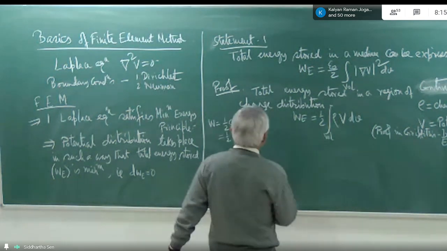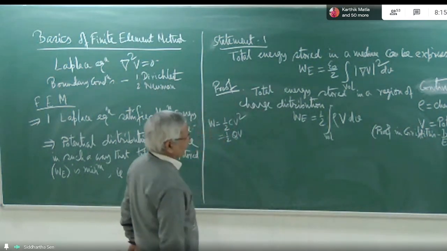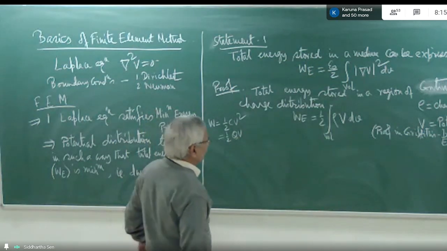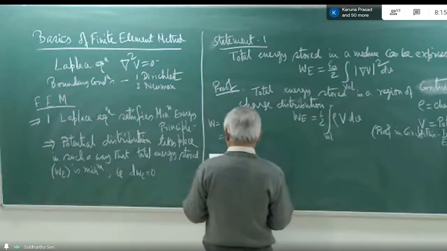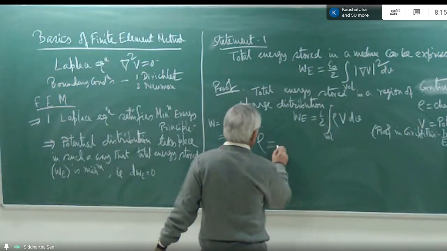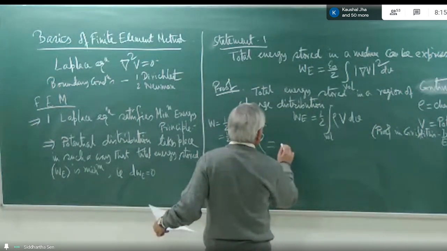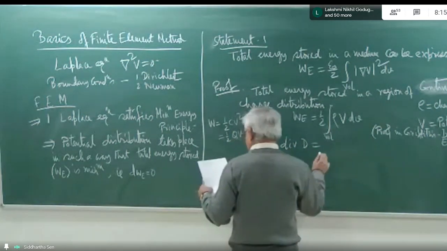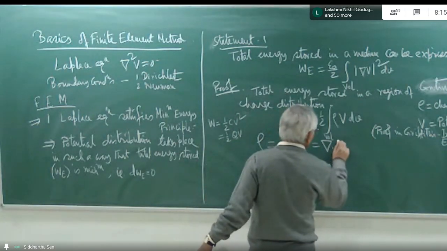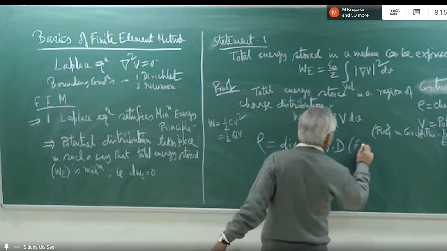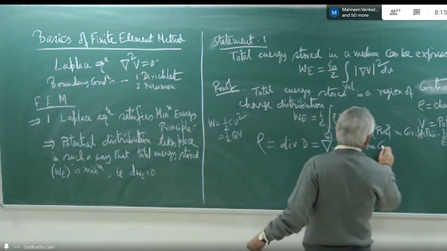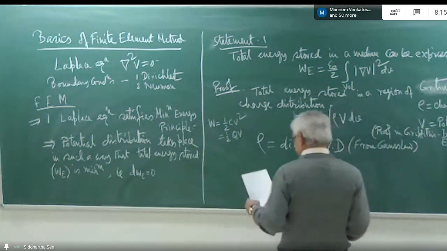So what we know, from the fundamentals of our field theory, whatever we have done earlier, that rho is equal to divergence of D, that is basically nabla dot D from Gauss law. This we know.